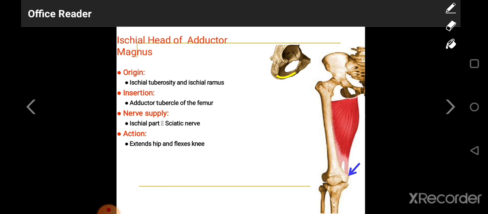So here we can see the adductor tubercle where we have insertion of adductor magnus, and it is supplied by sciatic nerve. Sciatic nerve is the thickest nerve of the human body, and the action of this muscle is extension of the hip and flexion of the knee.